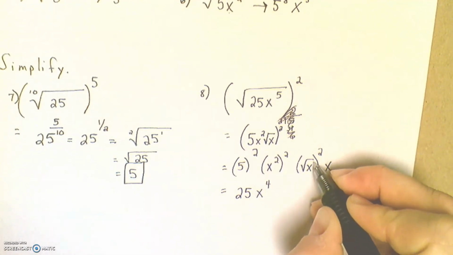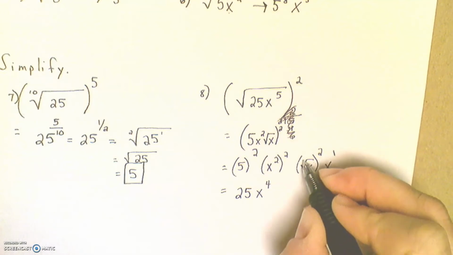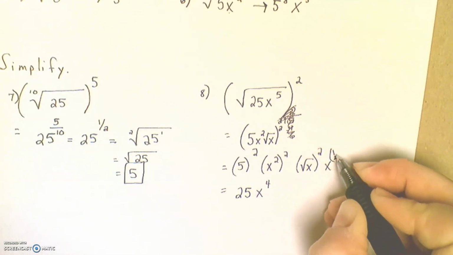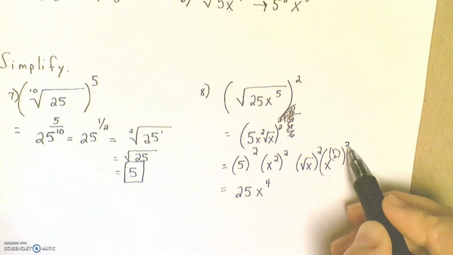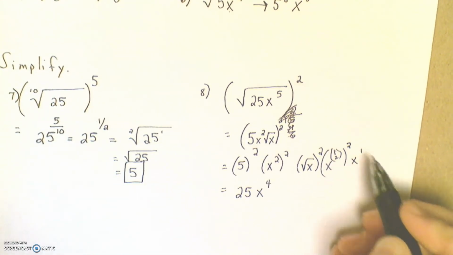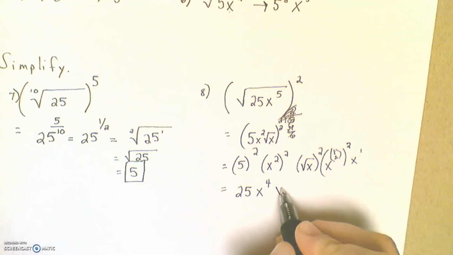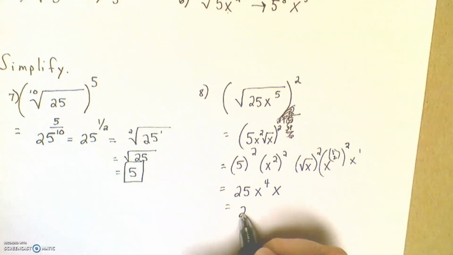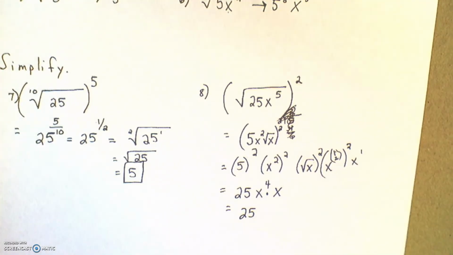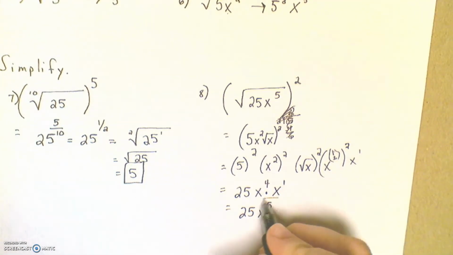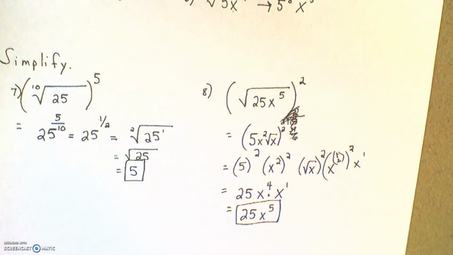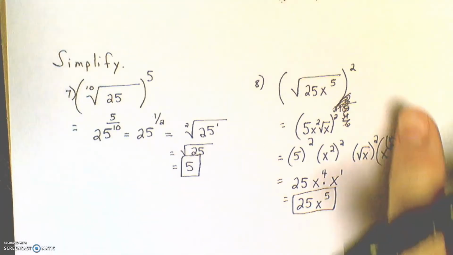X, exponent is 1, index is 2. All of that is raised to the second power. 1/2 times 2 is x to the 1st. So 25, x to the 4th times x, add your exponents, 4 plus 1 is 5. So 25, x to the 5th. Okay, let's look at another one.